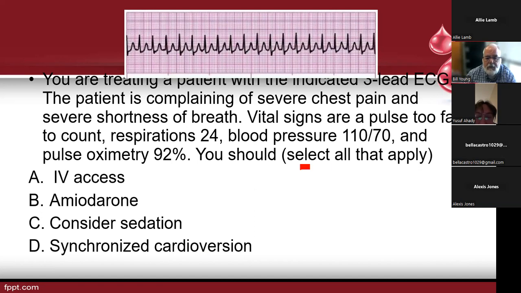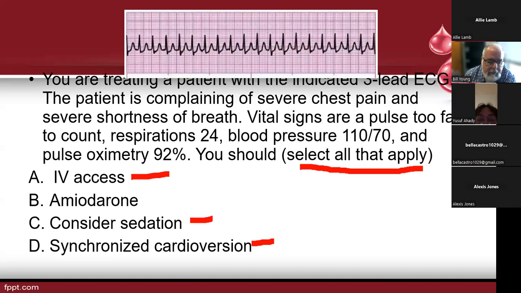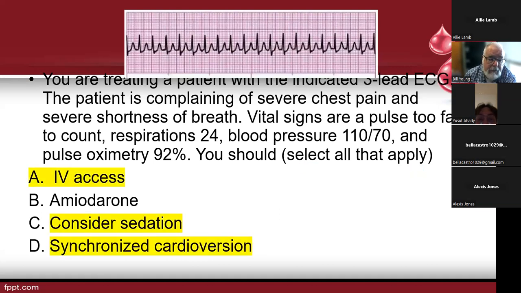This is one of those registry questions, select all that apply. So what would you select? I would select A, C, and D. The right answer is indeed A, C, and D.